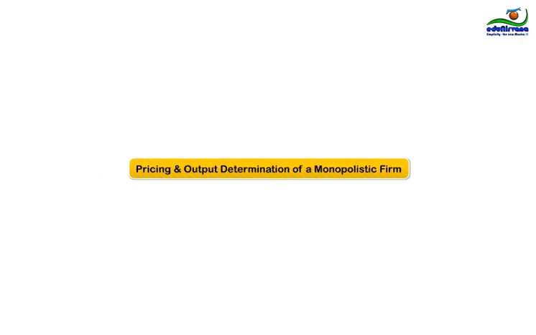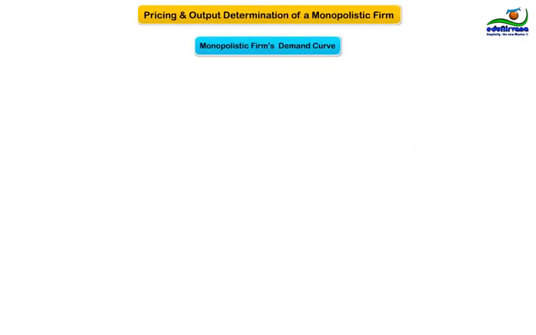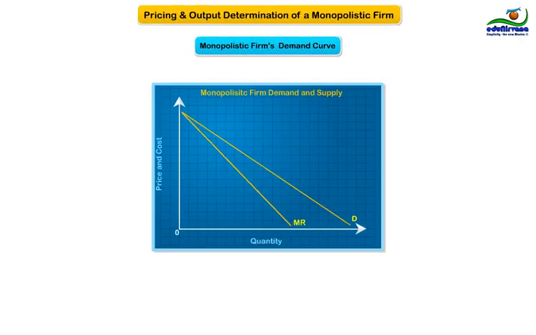Let's now combine all the insights on monopolistic market dynamics together to determine output, price, and marginal cost for the monopolistic competitor. Please note that the monopolistic competitive firm is the same as both the perfectly competitive firm and the monopoly firm in one regard.